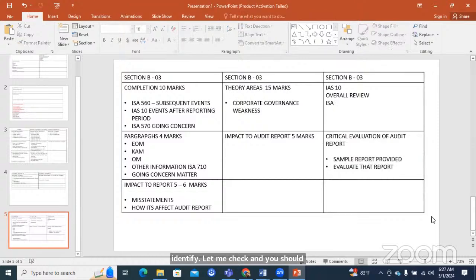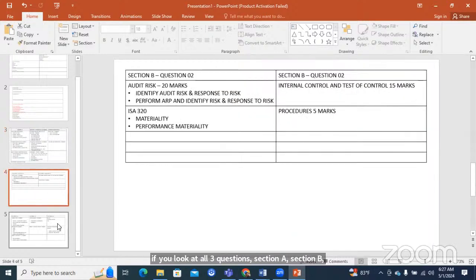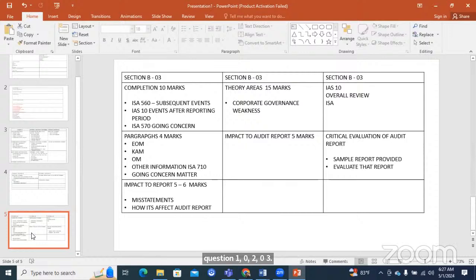So these are the possibilities of section B, question number 3. If you look at all the questions, section A, section B, question 1 or 2 or 3, you can observe a pattern. If you prepare for that pattern, it is very comfortable because you already know how to approach. That is one way to save your time.